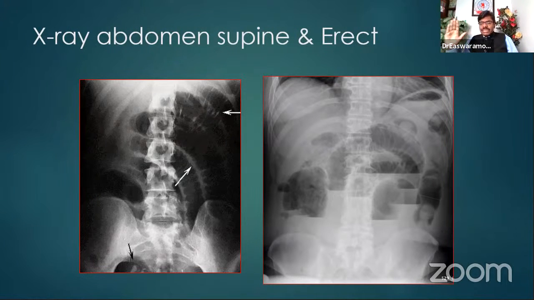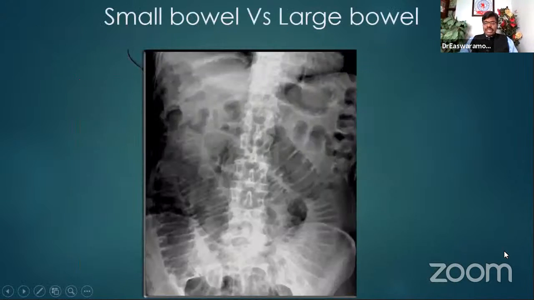More than 5 or 6 levels, ileal obstruction; 3 to 5 levels, jejunal obstruction. If there are only 2 levels, then it's a duodenal obstruction, like a double bubble sign in a case of duodenal atresia. See, like that, you need to have a very clear understanding.